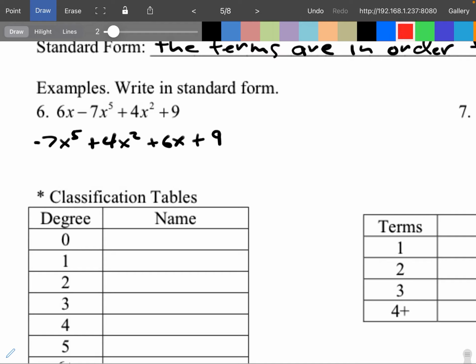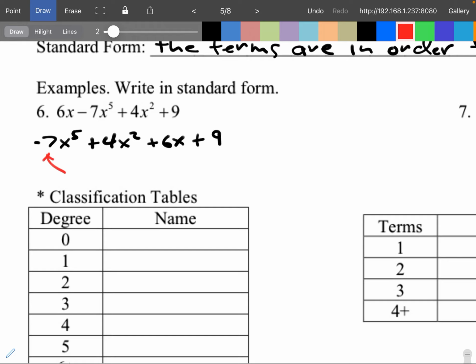And then, this is not in the notes here, but it is in the assignment. They also want to know what the leading coefficient is. That's just the number out in front of the whole thing. Negative 7? Yeah, it is this number right here, negative 7. That is called the leading coefficient.